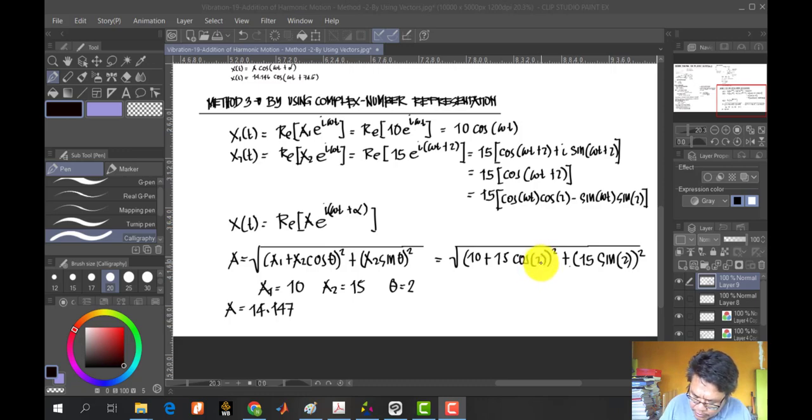I forgot to convert here. We need to convert the 2 by multiplying by 180 over pi in order to achieve this answer.